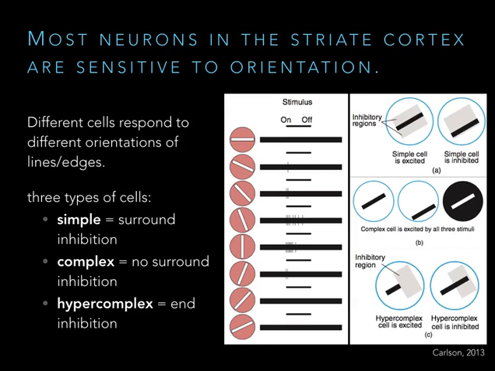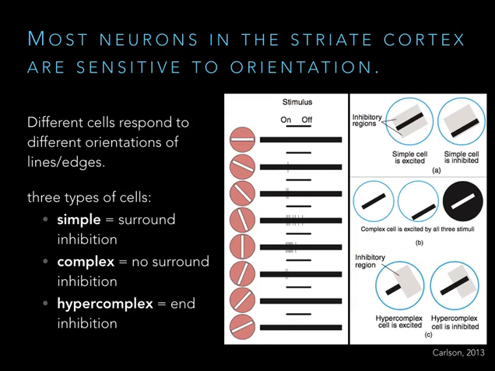When the line is vertical, you get a very quick burst around the center of this cartoon, and as it moves further away from vertical, you get different degrees of activity. It's silent when it's horizontal. So depending on the rotation, you can get different degrees of activity. Not only does the angle matter, but also the location in the receptive field.